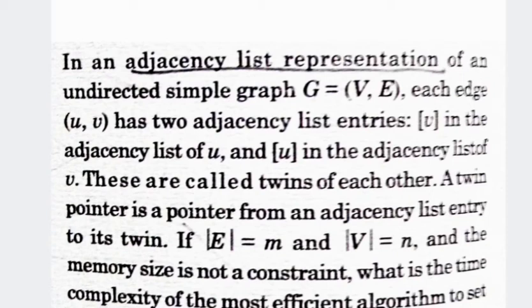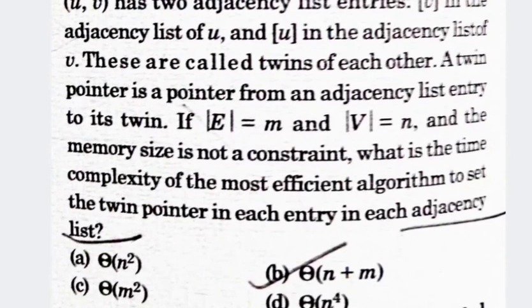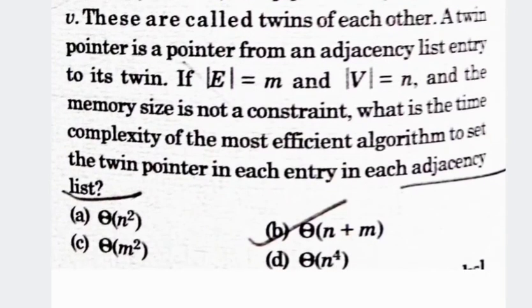A twin pointer is a pointer from an adjacency list entry to its twin. If mod E is equal to M and mod V is equal to N and memory size is not constant, what is the time complexity of the most efficient algorithm to set the twin pointer in each entry in each adjacency list?